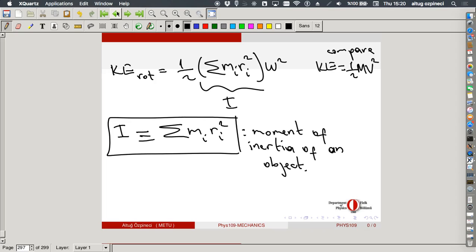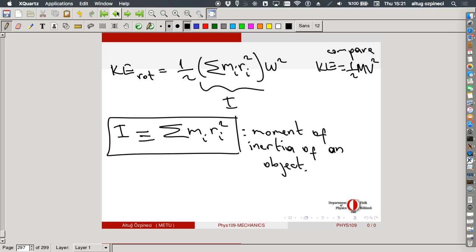Here is one of the examples where the shape becomes important. For translational motion, we didn't care about the shape. The only thing that determined the translational behavior of an object was its mass. If two objects have the same mass, they have the same acceleration under gravity, whether they have one shape or another.